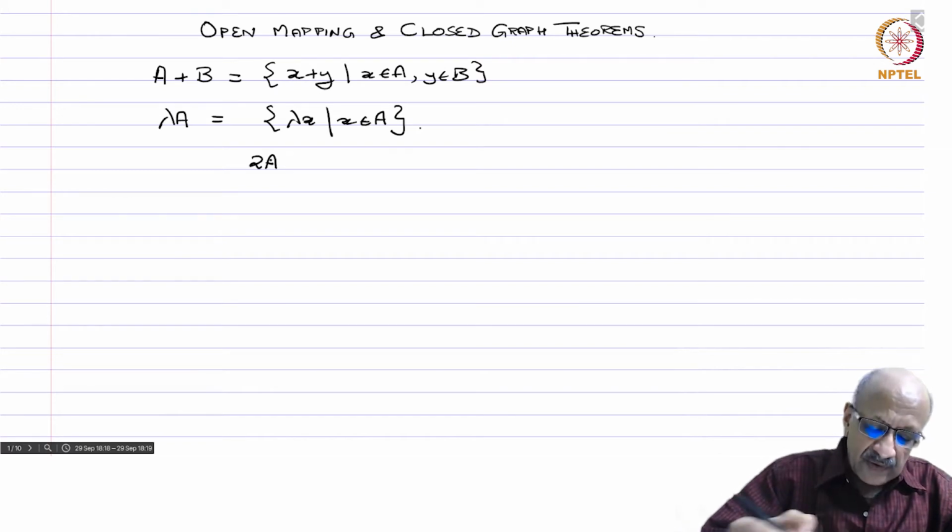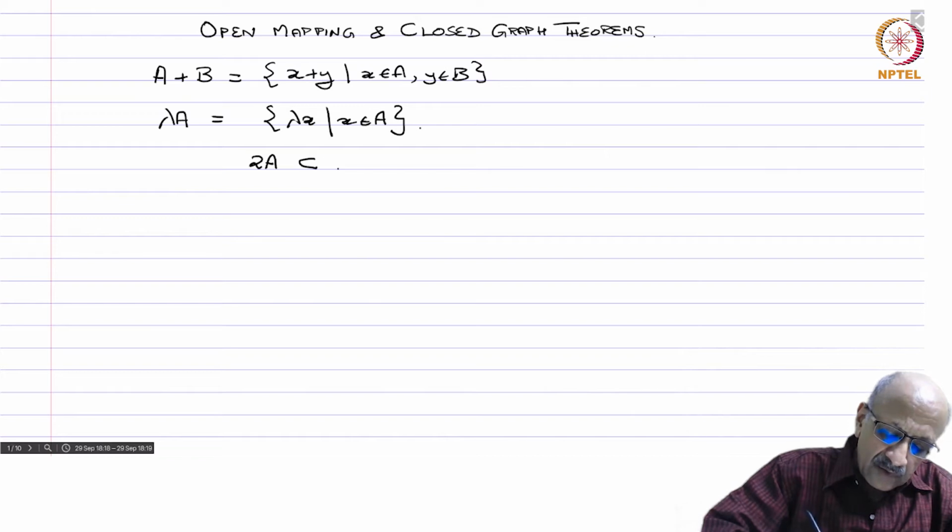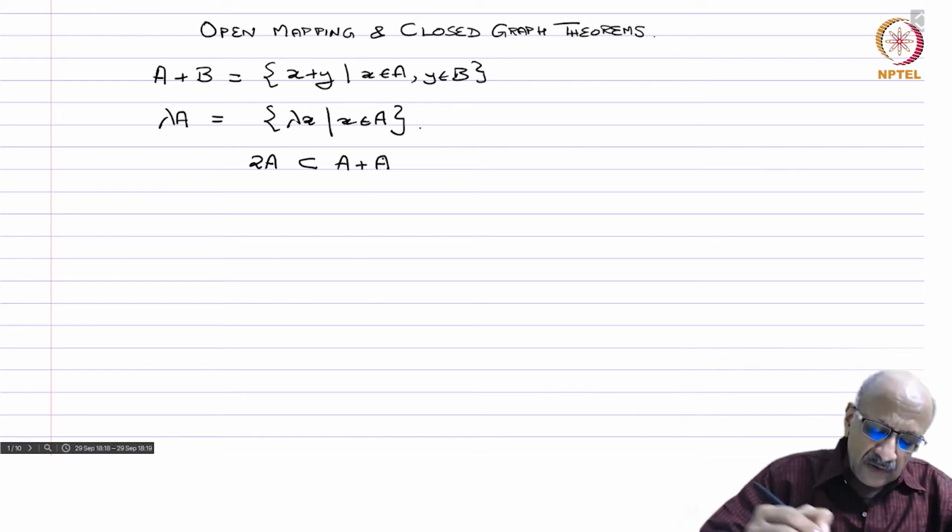So that is x plus x, and so it is contained in A plus A. So 2A is always contained in A plus A. This is always true. But the converse need not be true.